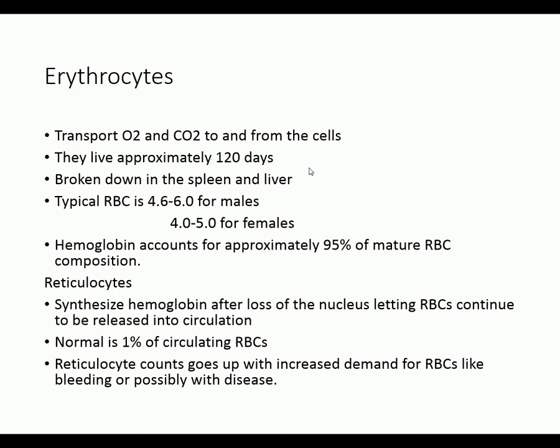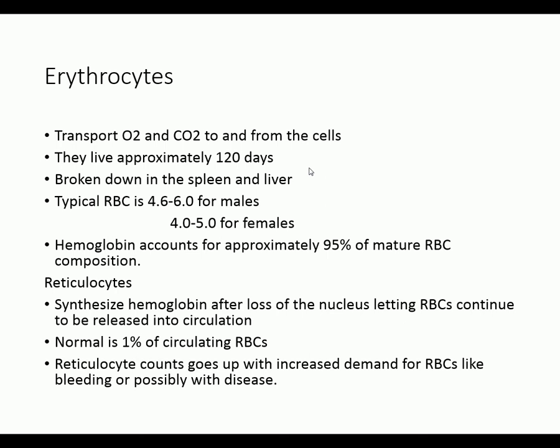When tissue oxygen demand is not met, then you're going to see a resulting hypoxia, which prompts your kidneys to produce erythropoietin. And when erythropoietin is increased, it produces more red blood cells. So if the tissue oxygen demand is low, then the kidneys are going to stop your erythropoietin, and the red blood cell production is going to decrease, okay?